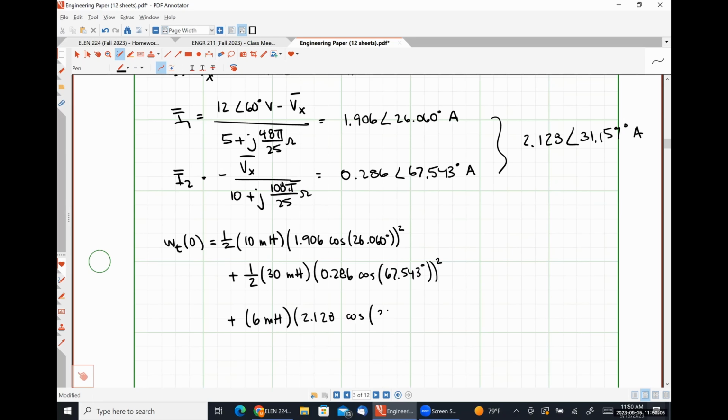Fine. 31.159 degrees. Because I'm multiplying I1 times I2, I'm not adding them together anymore because of the things that canceled out. Sorry, misremembered the derivation.